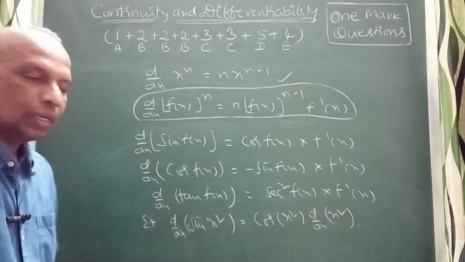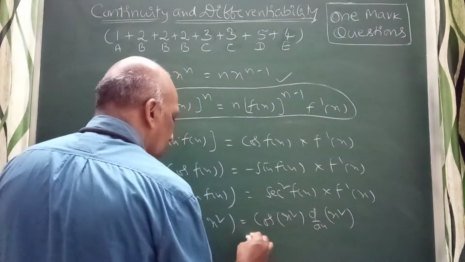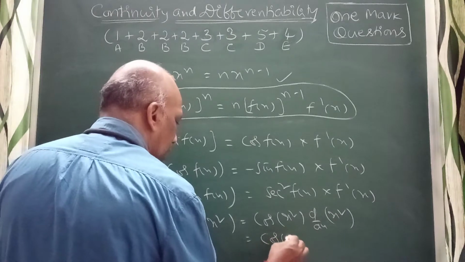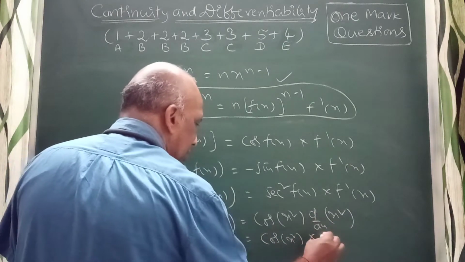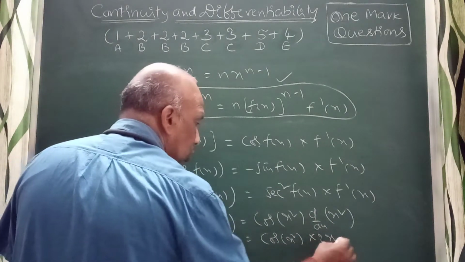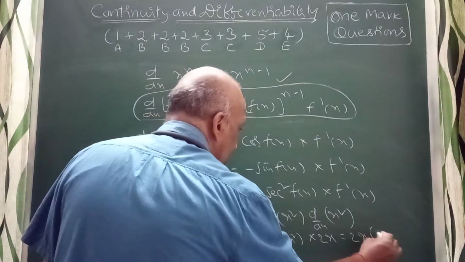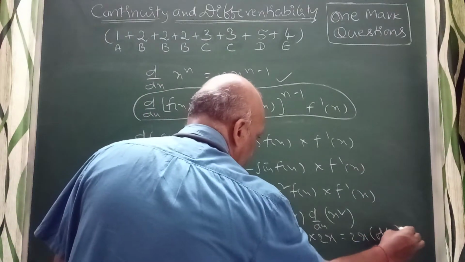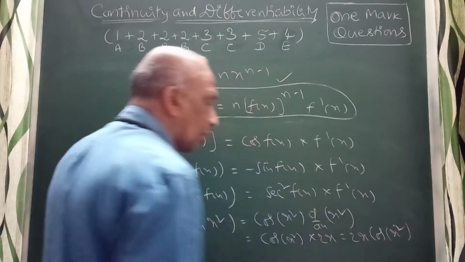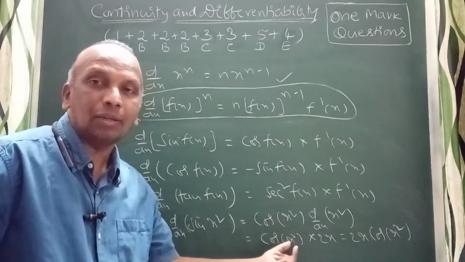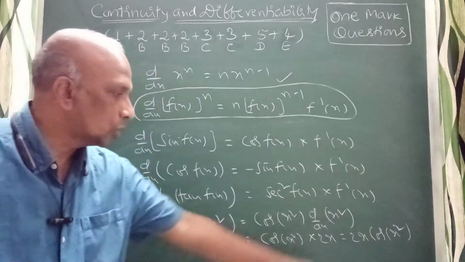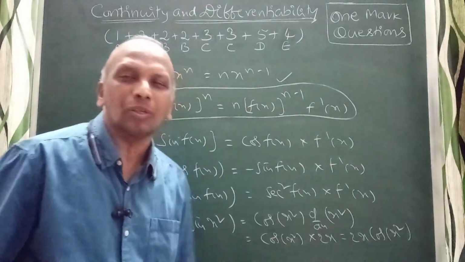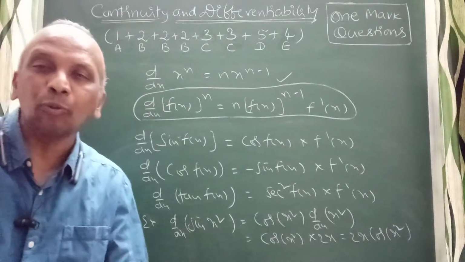The derivative of x square is 2x, right? Your answer is cos of x square into the derivative of x square, 2x. Don't multiply these two; you can write 2x cos of x square, because you don't have the right to enter this place. This is an angle, we can't do anything here. So 2x is the coefficient: 2x cos of x square. Like that we can do.